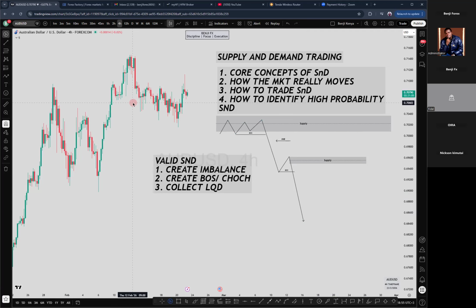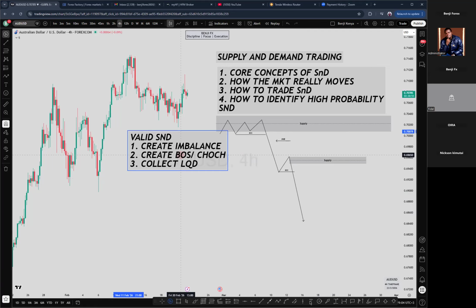Okay, so how do you usually identify strong supply and demand areas, or the main supply and demand areas? Very simple and very clearly. I want you to note, because we have already noted that it has to create an imbalance. So these are characteristics of valid supply and demand areas.